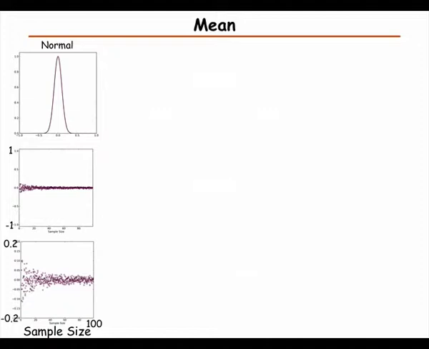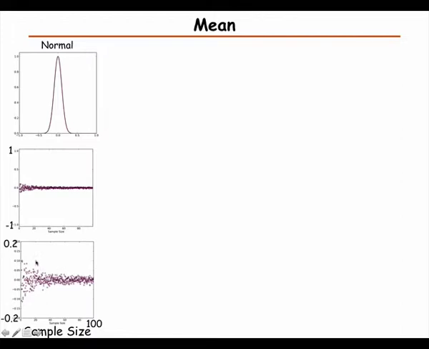So now we have the normal distribution, just to remind you what the distribution is. Then we randomly select a sample size. So here on the x-axis on these two figures is the sample size, and it goes from 1 to 100. And then we calculate the mean, and the two plots here are exactly the same. The bottom one is just zoomed in.